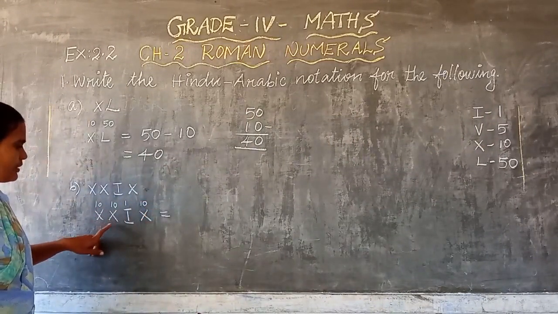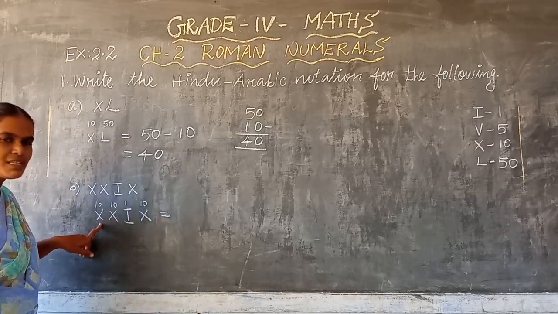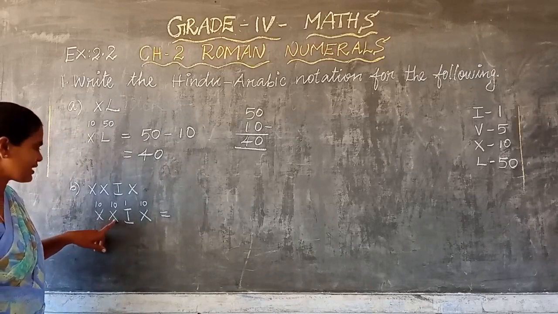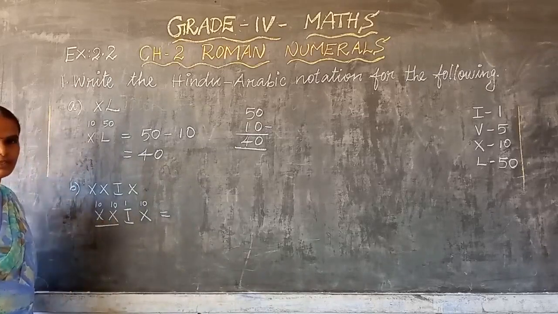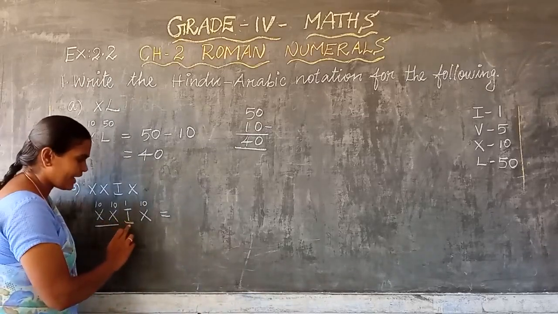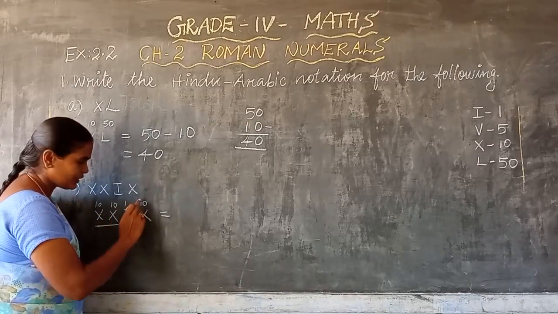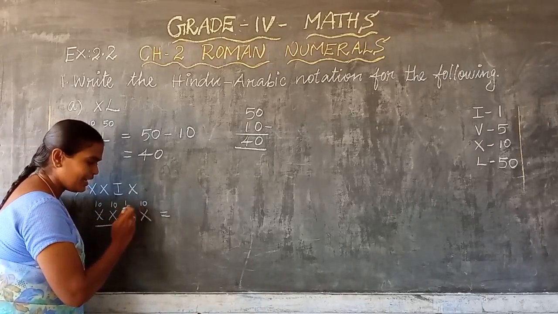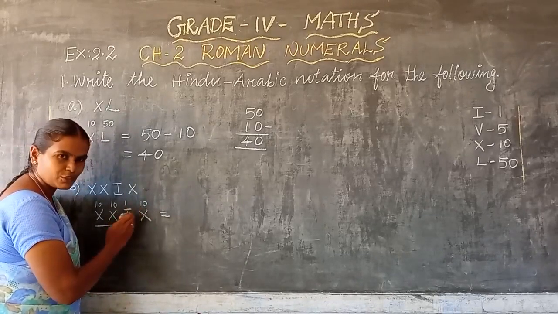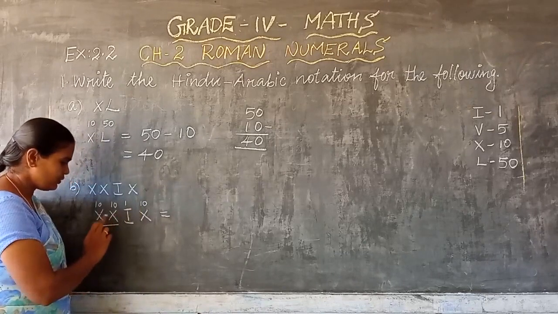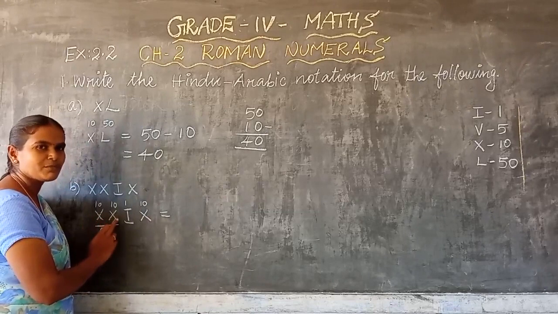First two numbers X, X are repeated. Repeated means addition. So the first pair is repeated. Next, I, X. I value is 1, X value is 10. Greater number, left side we have the small number. So these two are subtraction. So the first two, X, X, are repeated, and repeated means addition.